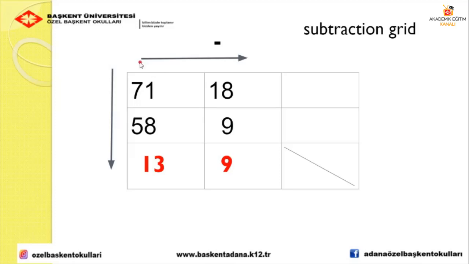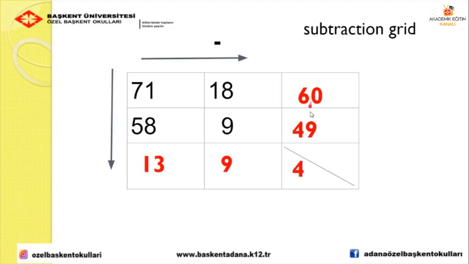Let's practice subtraction horizontally. 71 minus 18 equals 60. Well done. And 58 minus 9 equals? You are right, 49. Let's finish this grid. 13 take away 9 equals 4.